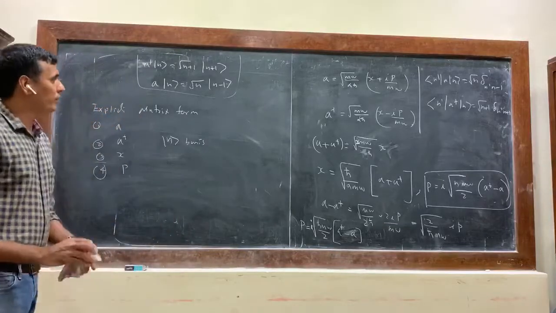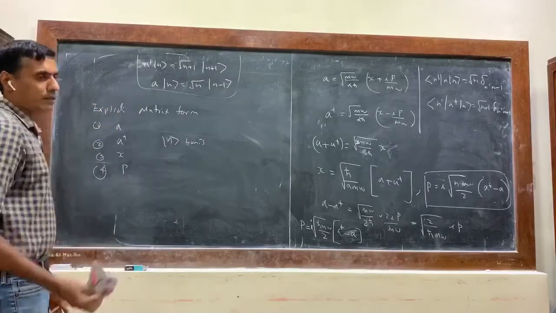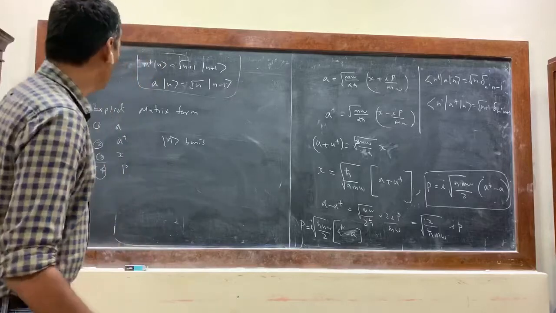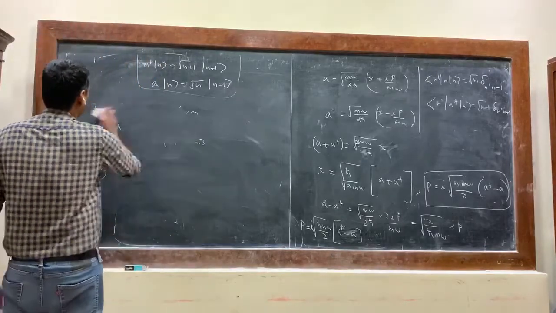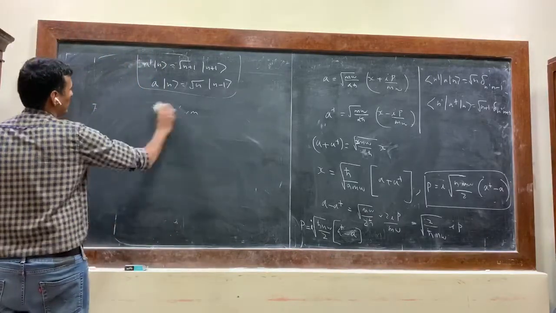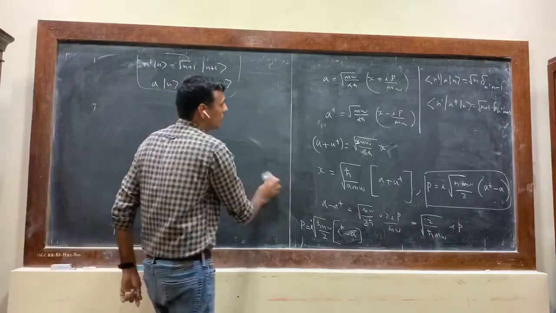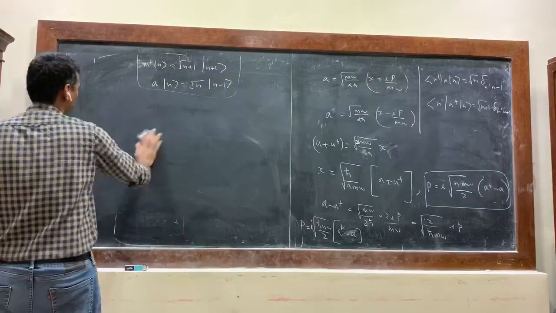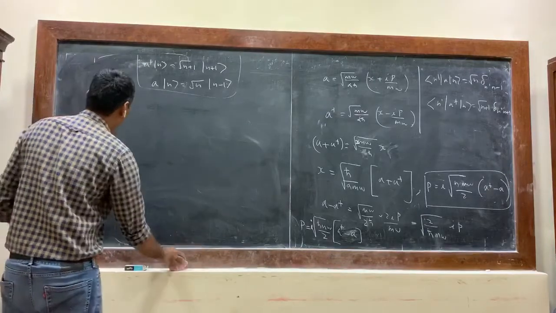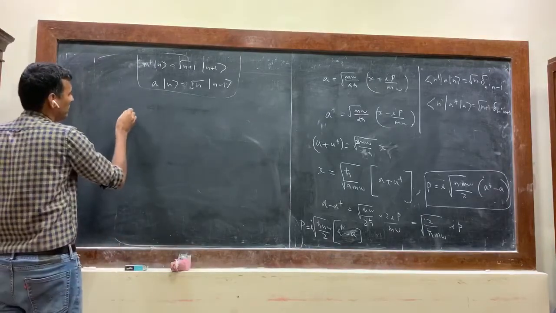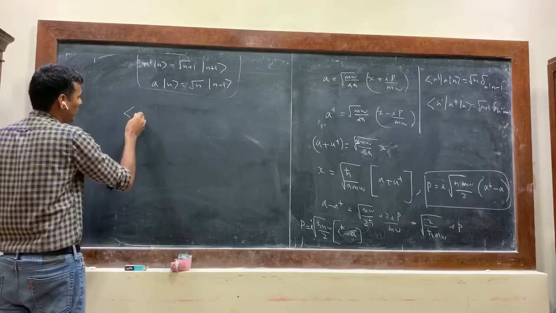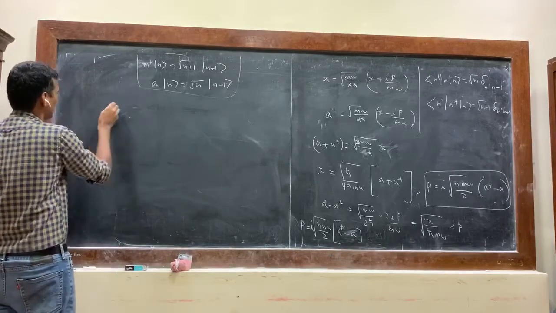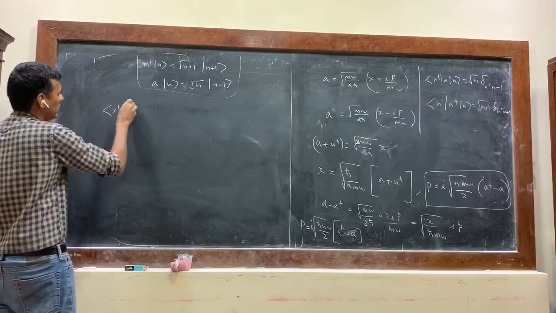So now we go and evaluate the wave function, the eigenfunctions of this harmonic oscillator. What is x prime 0?